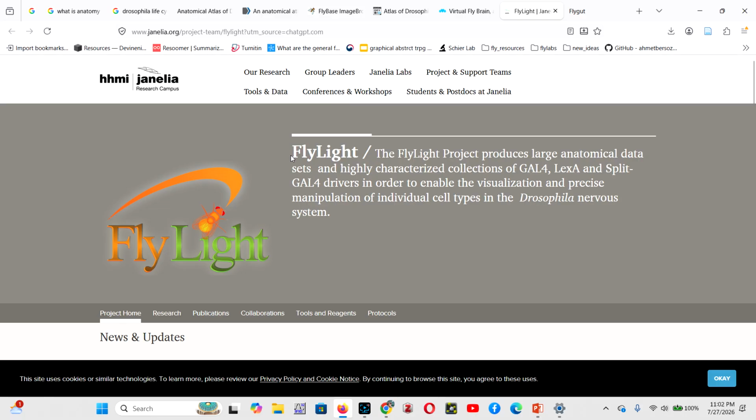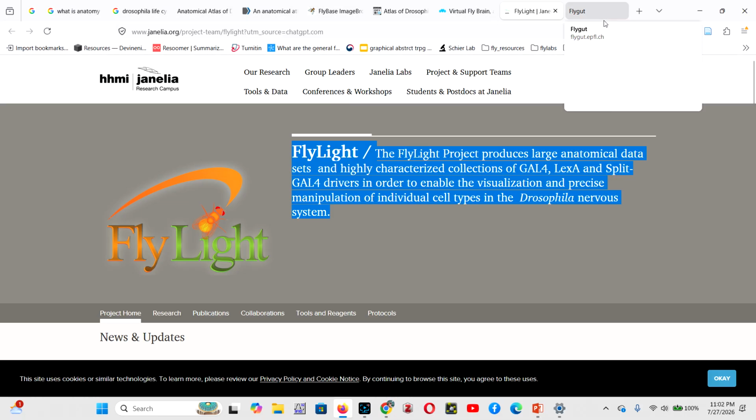As already mentioned, the FlyLight project produces large anatomical data sets and a highly characterized collection of GAL4, LexA, and split-GAL4 drivers. If you're a new researcher, what I recommend is to save everything that I'm showing you right now, and then explore according to your need.